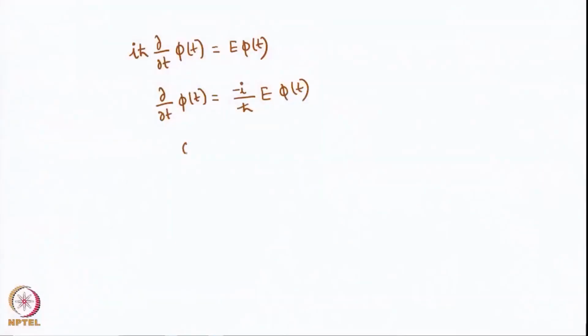And when I solve it, the solution will be phi of t equal to exponential minus i by ħ E times t, or simply written as e to the power of minus iEt by ħ.